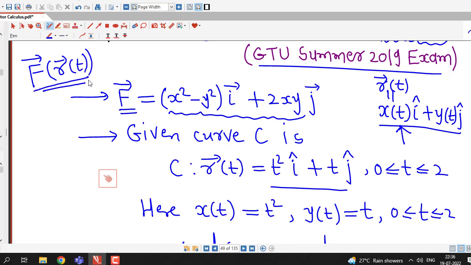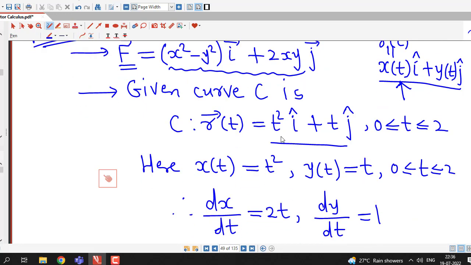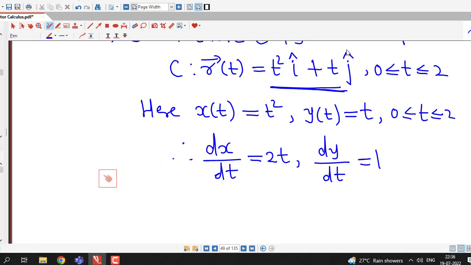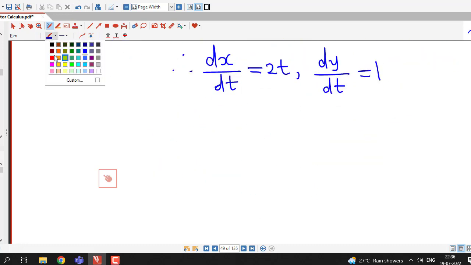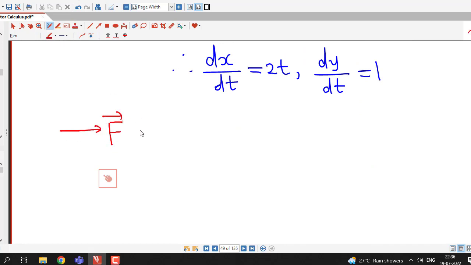That we can obtain by putting x and y in terms of t, where x of t is t square and y is t. So now we substitute x equal to t square and y equal to t in f bar.